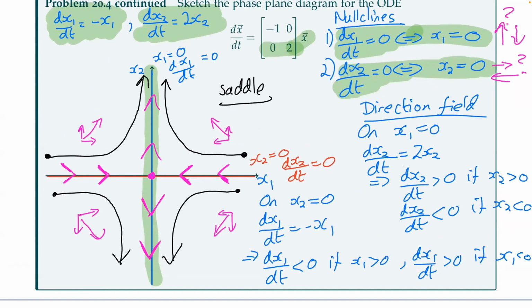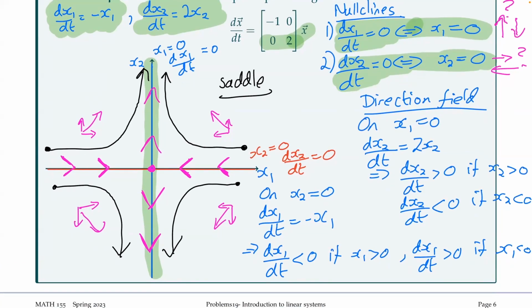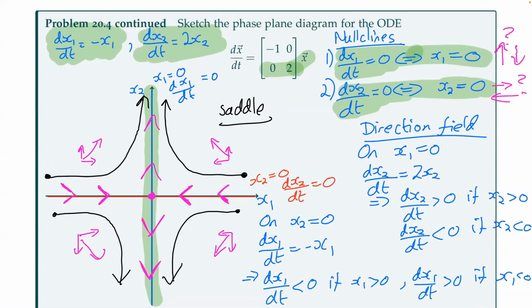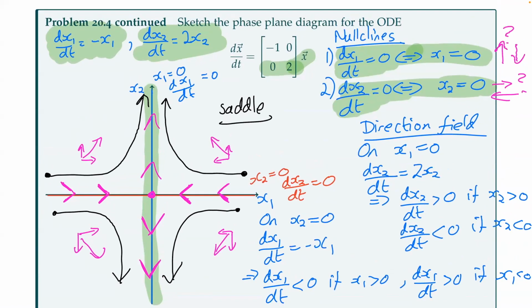This process here of working out what the nullclines are and then the direction field on the nullclines, that we will be doing a lot of. Okay, so I encourage you to practice this and go over this because we do it in linear systems. When we deal with our nonlinear systems, we don't just have equilibria at our origin, and we can have multiple equilibria, but we draw our phase planes in essentially the same way.